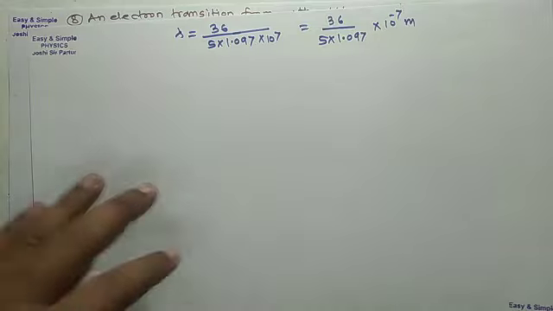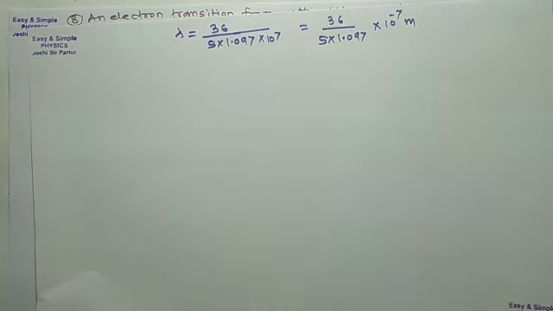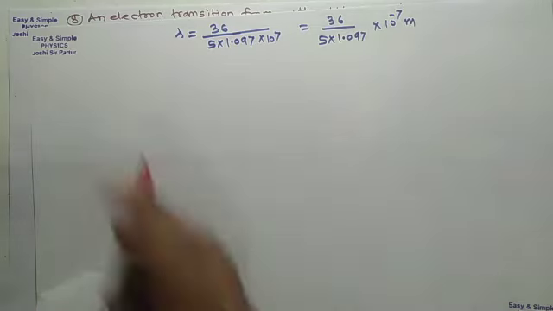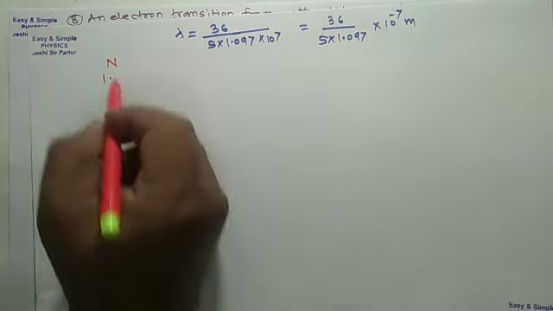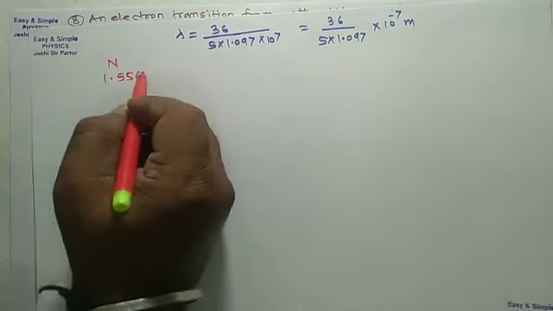Okay, by taking log of numerator and denominator, see here, log of numerator will be 36, so that is 1.5563.